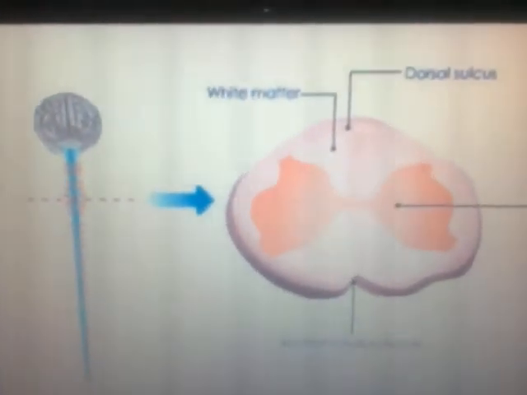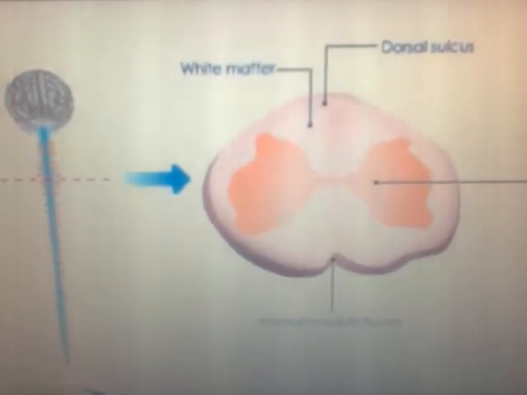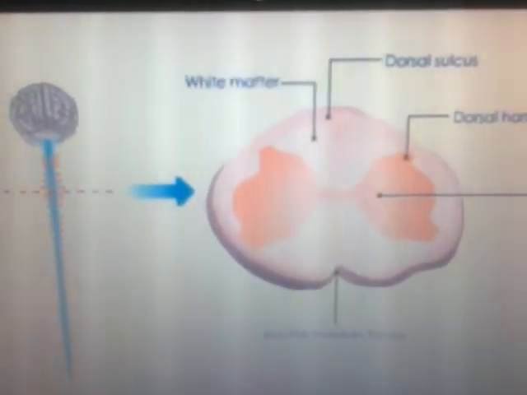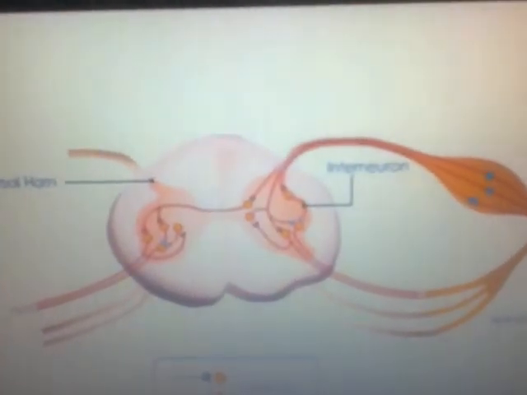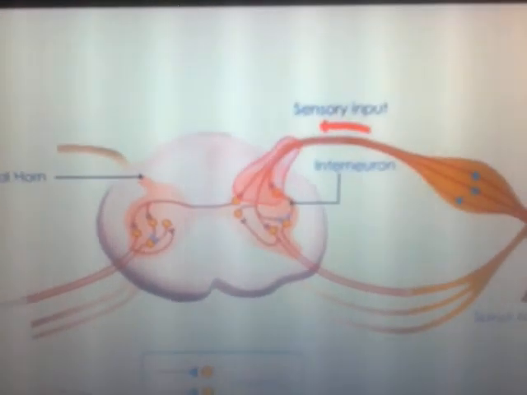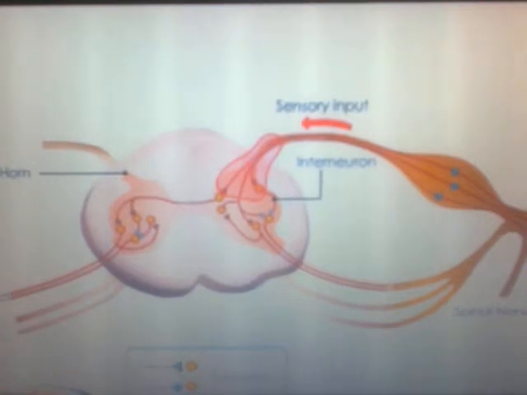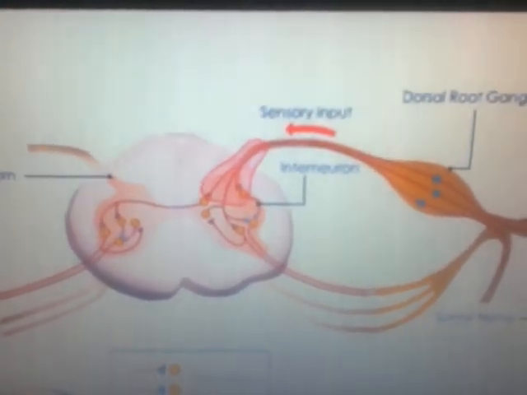The spinal cord has two layers consisting of white and gray matter. In cross-section, the gray matter resembles a butterfly with wings spread. Each wing has a dorsal, upper or toward the back, and ventral, lower or toward the belly, horn. Within the dorsal horns, interneuronal cell bodies accept information from sensory neurons to measure pain and temperature. These sensory neuron cell bodies lie in the dorsal root ganglion, outside of the spinal cord.